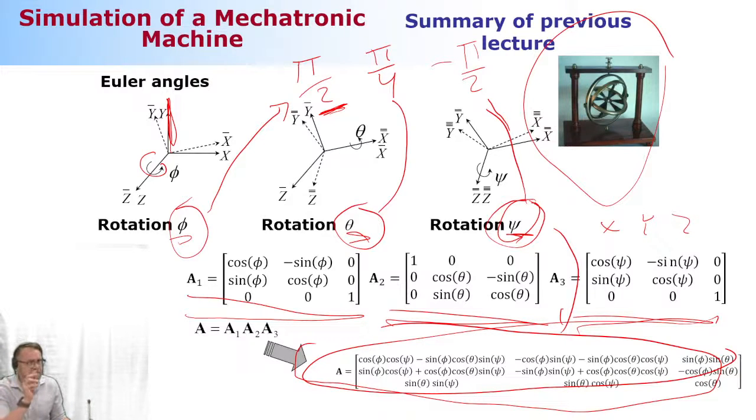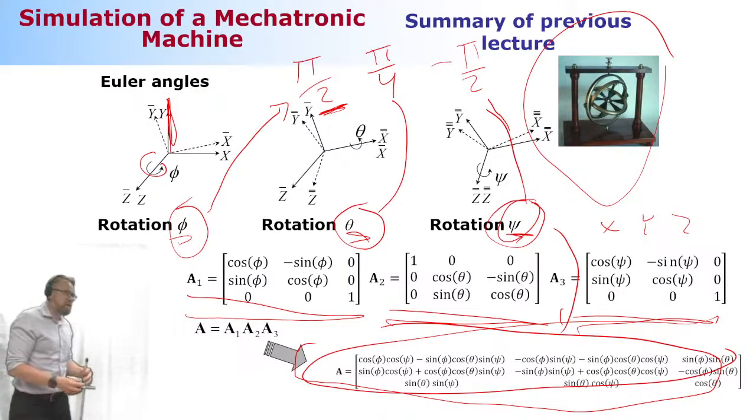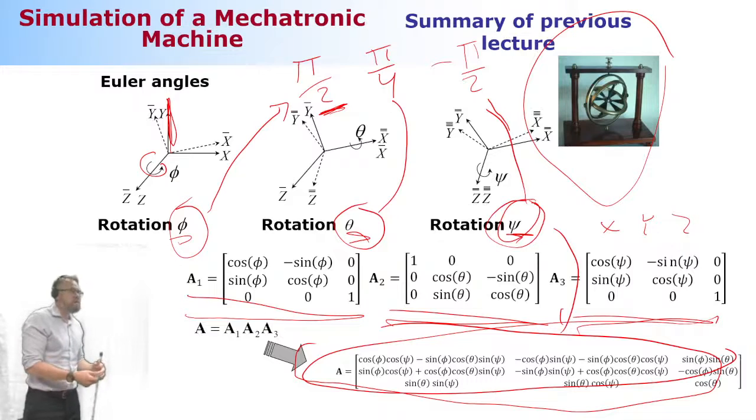The problem, when you're using 3 parameters, is that it could be possible that 2 rotation axes become parallel, and then you can no longer differentiate which rotation is which. This is called gimbal locking. Gimbal locking is not like a mechanical lock, not a physical lock, but an inability to differentiate 2 rotation axes. That's what that is about.